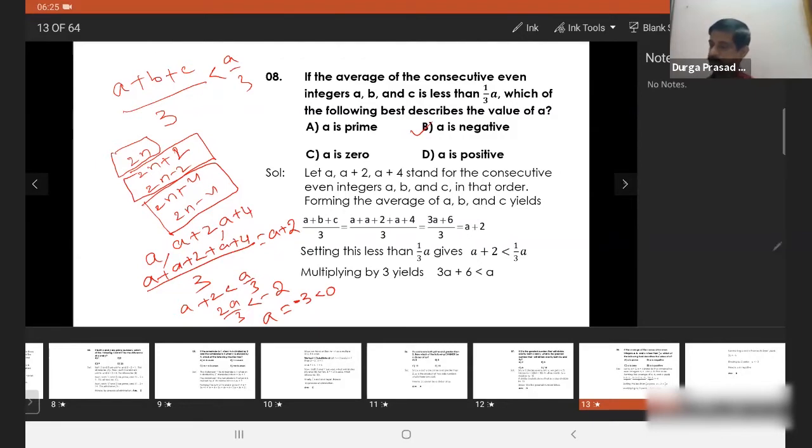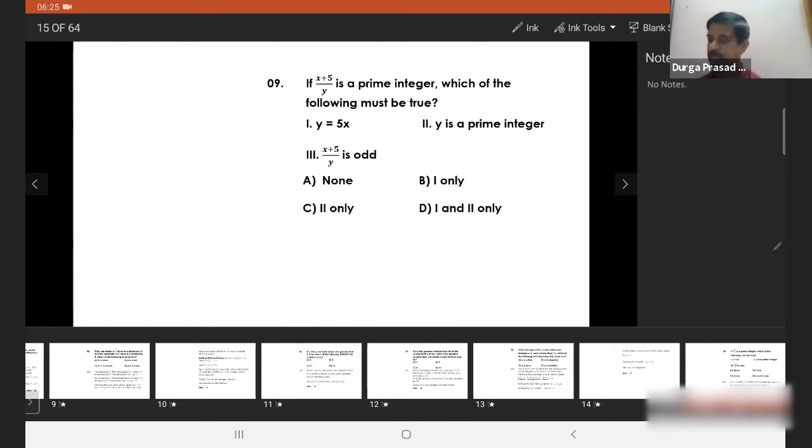Right, children, let us go to the next question. Now you see, if (x plus 5) by y is a prime number, which of the following must be true? The options: y equals 5x; y is a prime integer; (x plus 5) by y is odd.